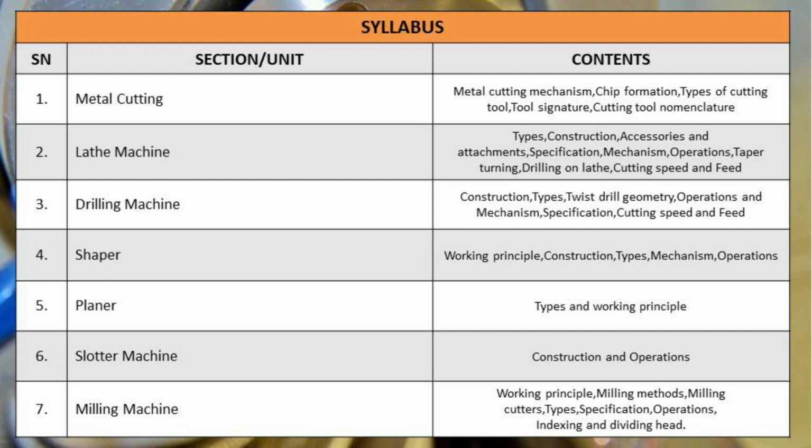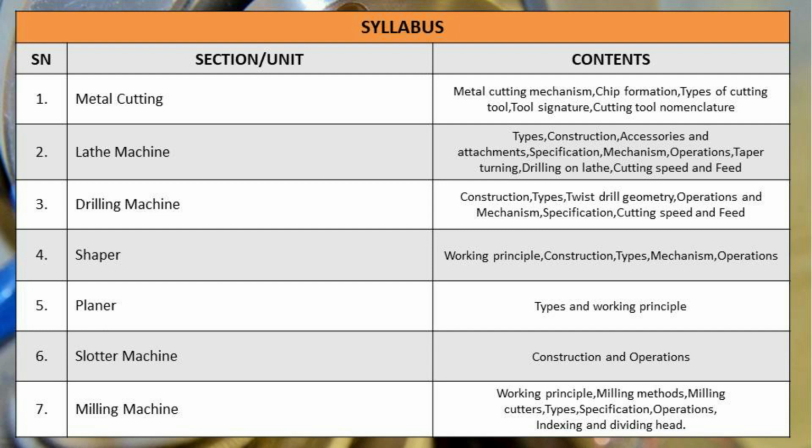Then we will understand the lathe machine, its working, its construction, the accessories and attachments it has, the specification of lathe machine, its mechanism, operations that can be performed on a lathe machine, taper turning operation, which is a special operation, as well as some additional operations that a lathe machine can perform, like drilling itself, the cutting speed and the feed. All these things will be discussed in the second unit, that is lathe machine.